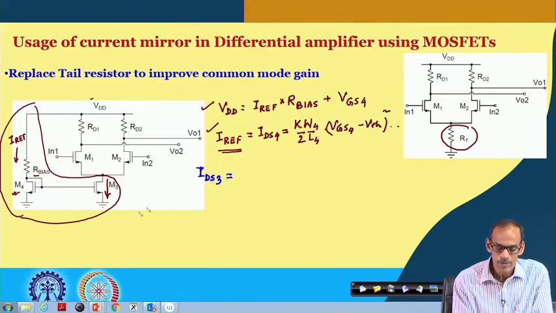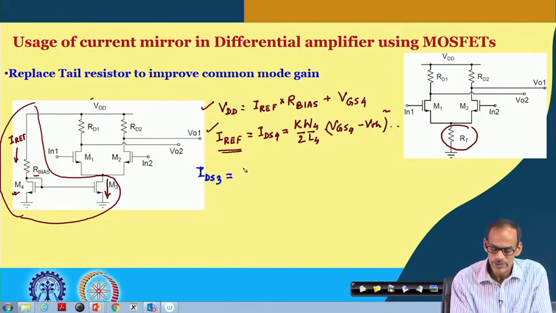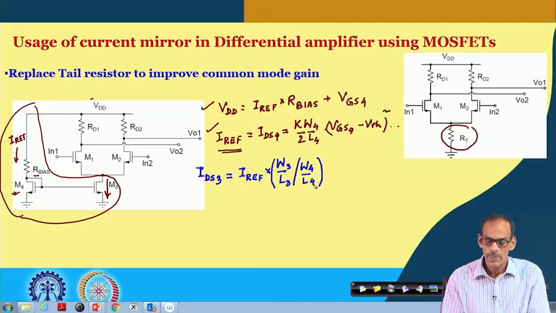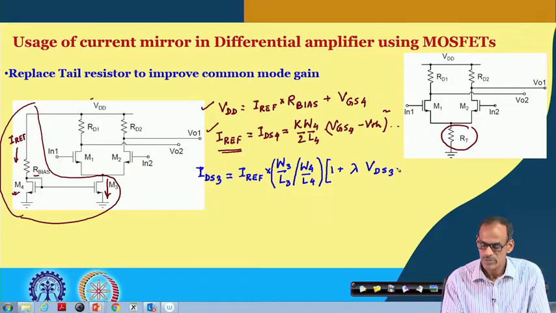It is primarily defined by this I reference current multiplied by W by L of transistor 3 divided by W by L of transistor 4, because of the current mirror property, and then we can also consider 1 plus lambda VDS, or probably you can drop this part, lambda VDS 3 minus VDS 4.